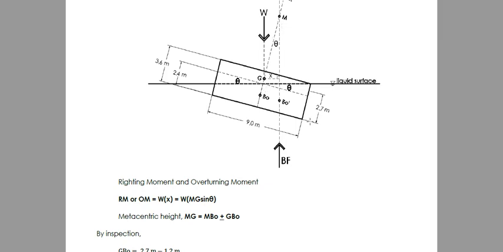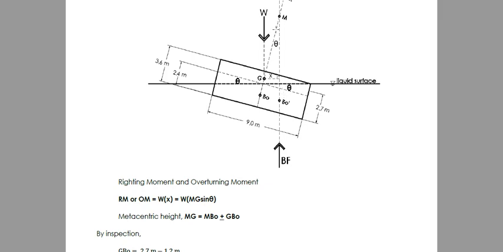First, we need to solve for the angle of tilt. We need it to solve for MBO and also for the righting or overturning moment. If you look into the figure, this is the angle of tilt. Theta here is also equal to this angle.